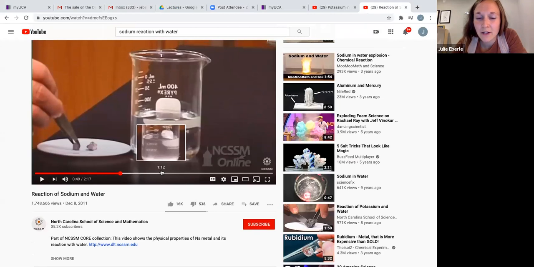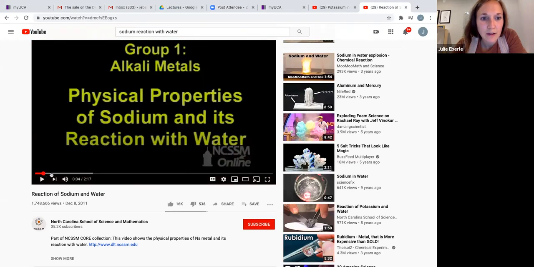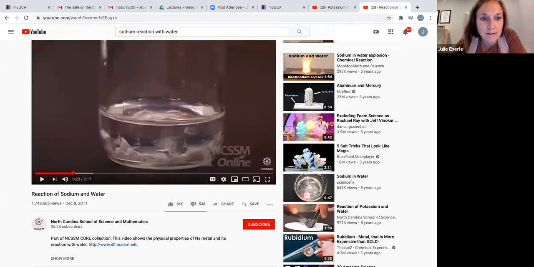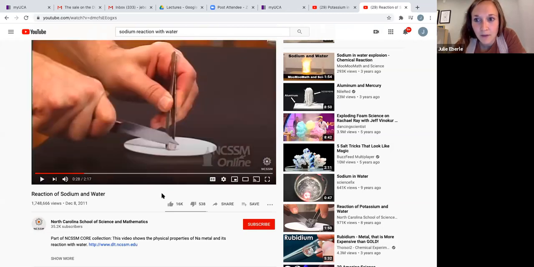Sadly, the video I used to show for this wouldn't work. It's canceled now. So this one's less cool in my opinion because it's a very small piece of metal. If I zoom back, I want to give you a good close-up. Number 1, look what's happening here. He is literally cutting this piece of metal with a knife.